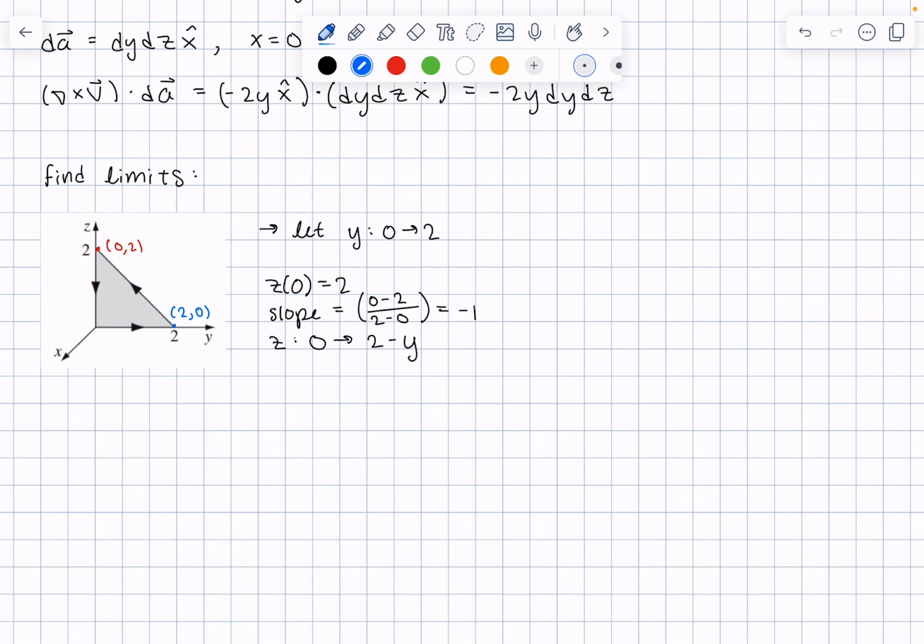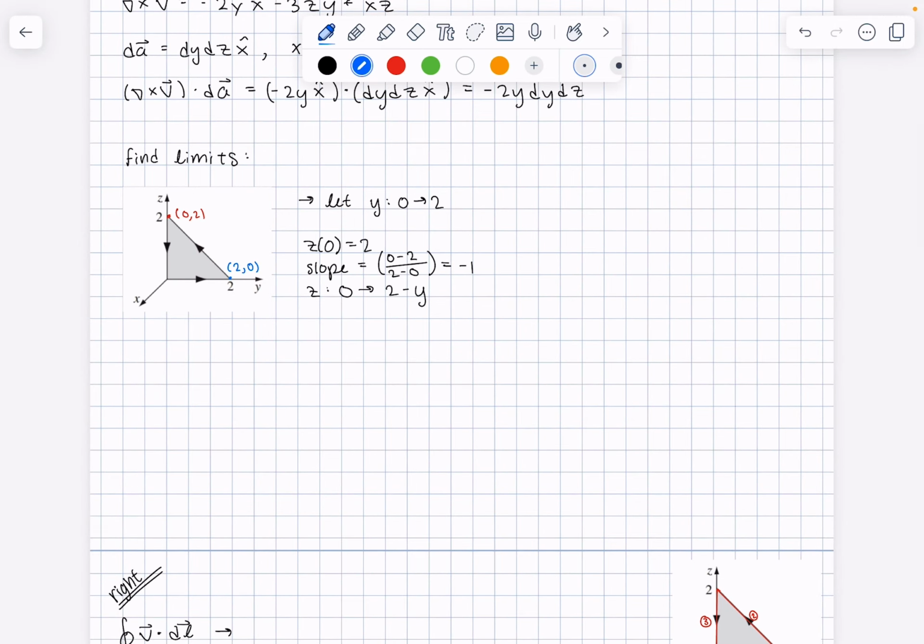Okay. Now that we have that, we can write out our integral. So we are going to let y go from 0 to 2, and z go from 0 to 2 minus y. It's important that we have z come first here, because otherwise our integral wouldn't make sense.